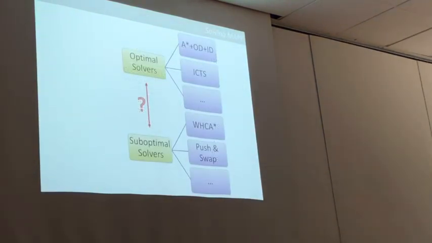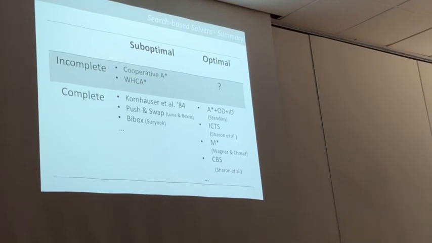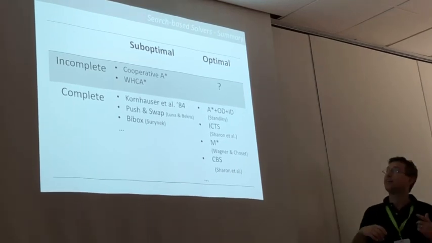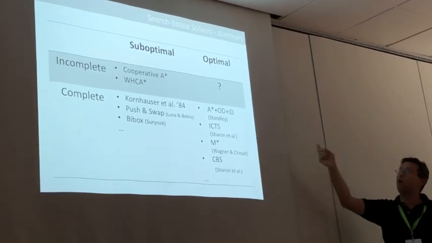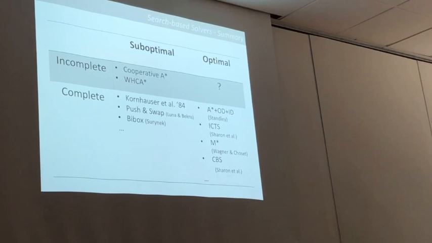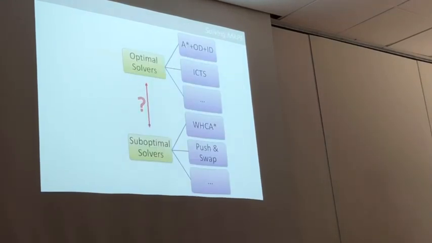So we covered all these options of suboptimal, incomplete, complete, suboptimal, optimal, complete, but there is one thing that we didn't cover, and I'm not talking about this one because actually there is no algorithm that is optimal and incomplete. Maybe interesting to work on it, maybe not. But what is interesting, I think, is the line between suboptimal and optimal.